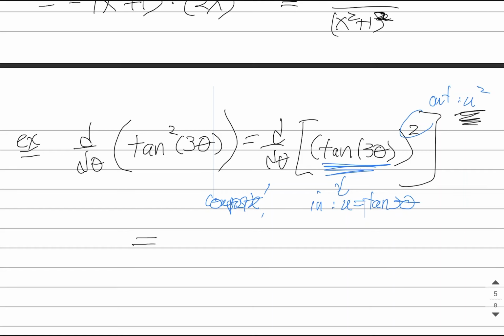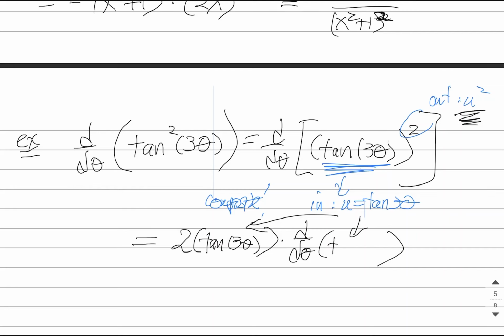So according to the chain rule, that would give us 2 times whatever our substitution is, times the theta derivative of our substitution. Now, normally we would have a u there, but we don't necessarily need to write that u in. And in fact, if you get a little bit more comfortable with it, you end up skipping that part.